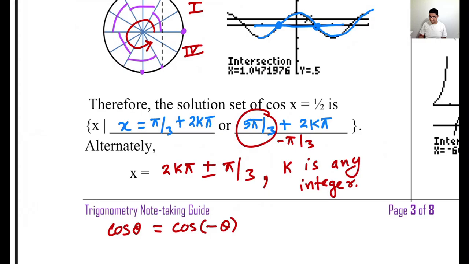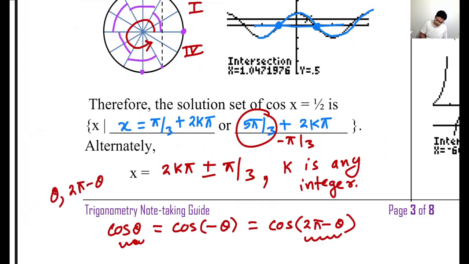And remember, minus theta basically means 2 pi minus theta, right? 2 pi is like 0, full circle. So theta and 2 pi minus theta, if you want to find positive solutions, those will be your solutions for any cosine basic equation. I'll write here theta and 2 pi minus theta for cosine. Maybe that's the idea you can remember.